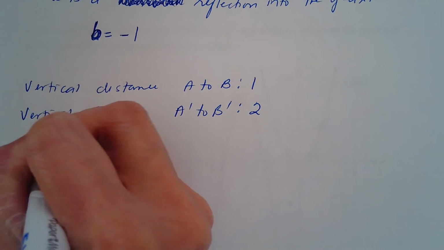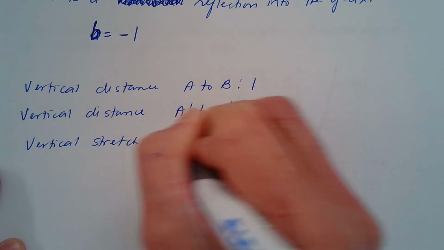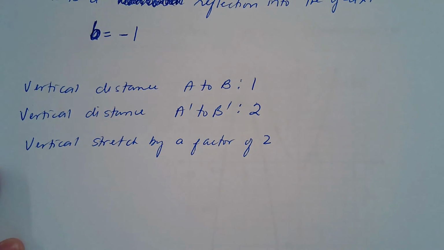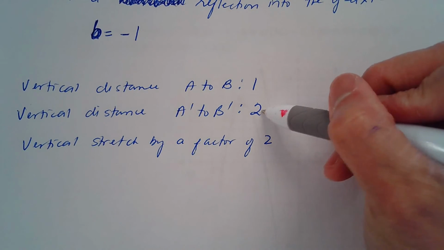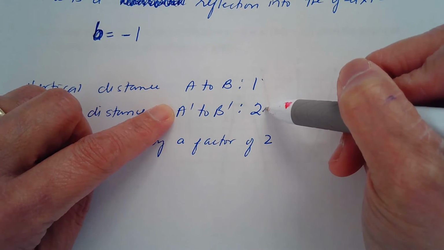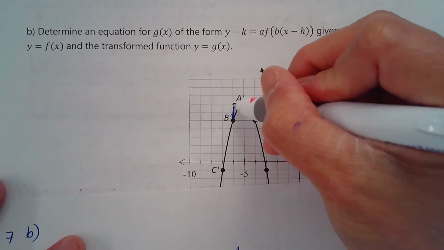So vertical stretch by what? How much factor? By a factor of 2. A prime to B prime is 2 units, so it's vertically stretched.